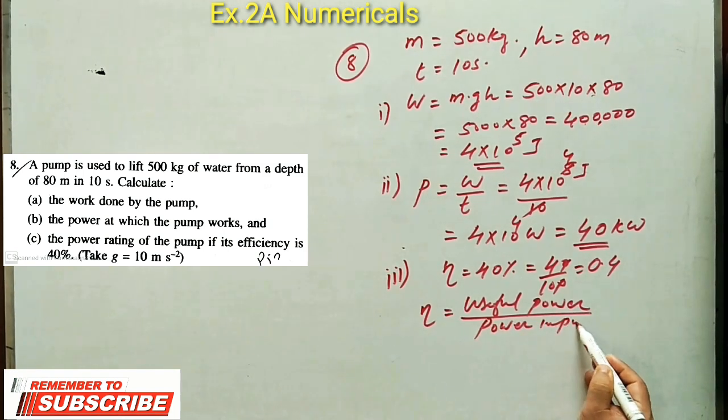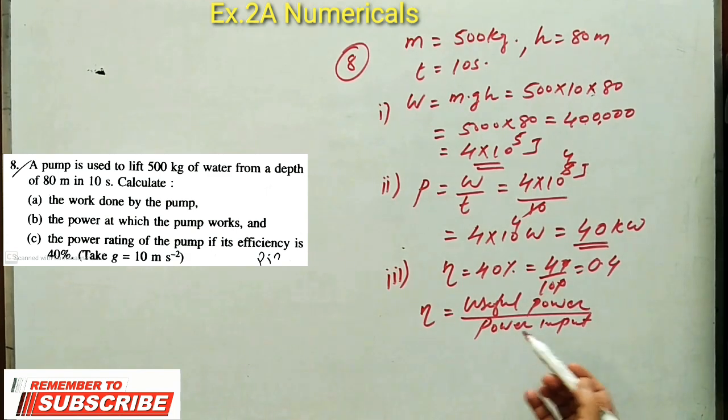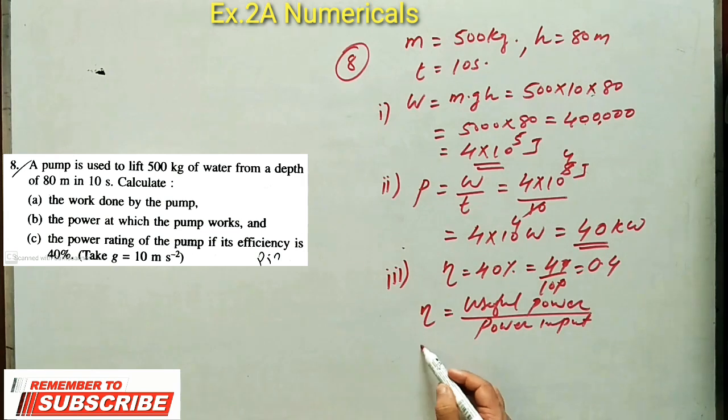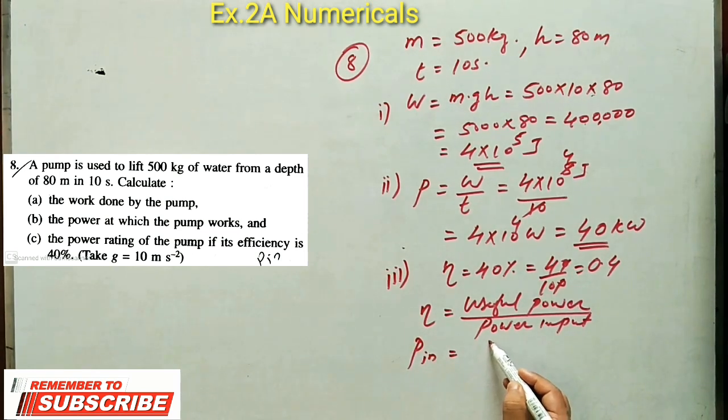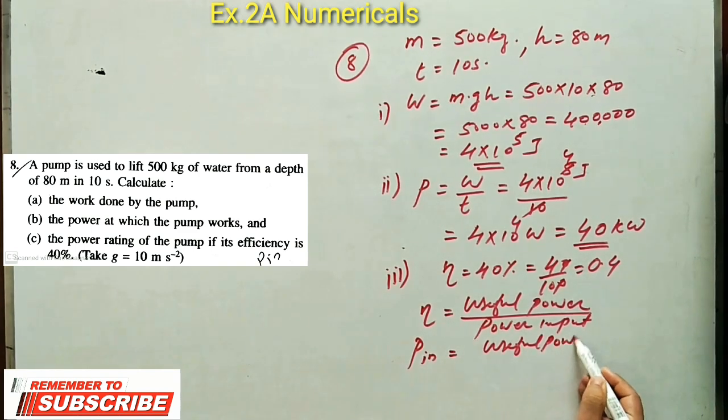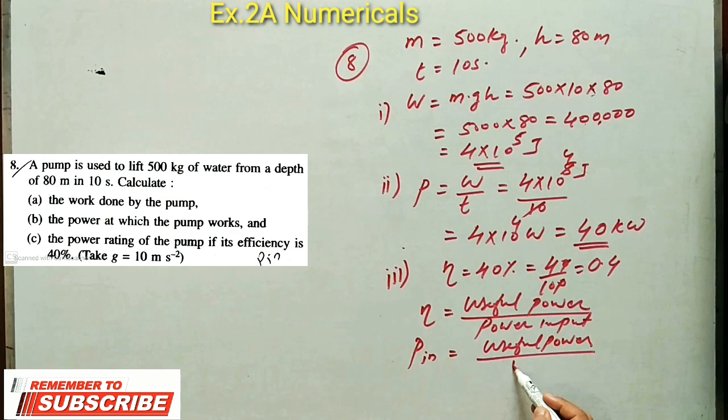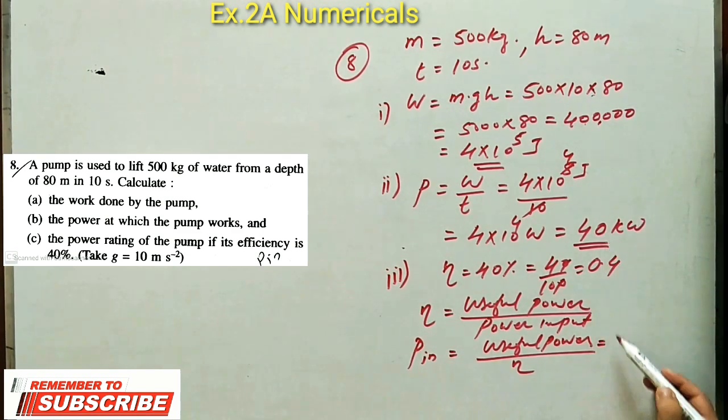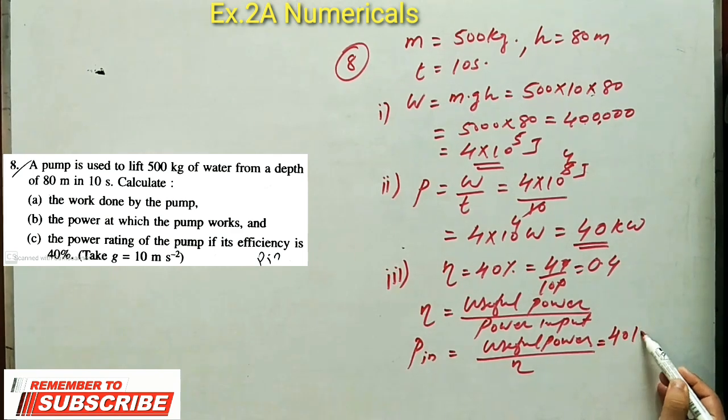This is the formula for efficiency which you have studied in the lesson. So we need power input. So power input is equal to useful power divided by efficiency. What is the useful power? We have calculated the useful power, 40 kilowatt, divided by 0.4.